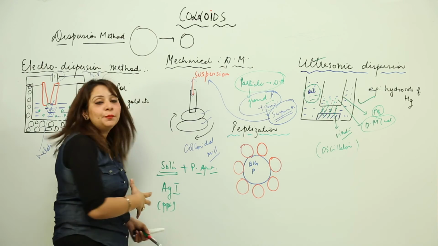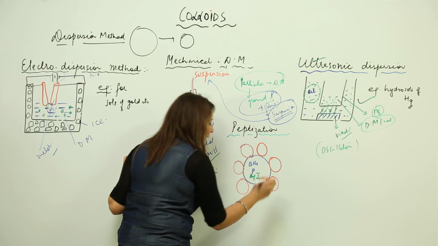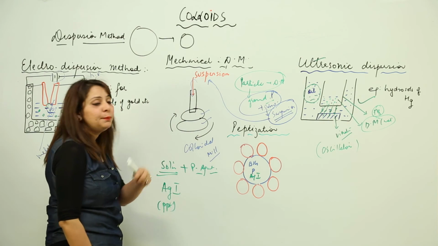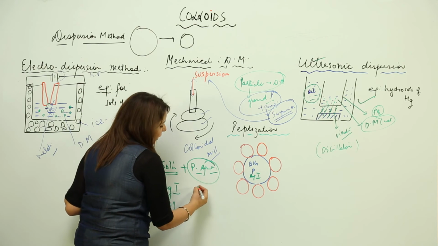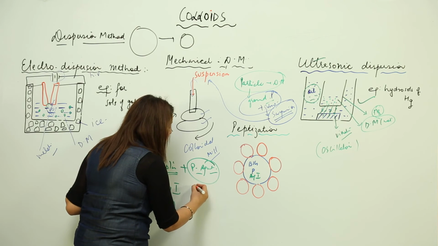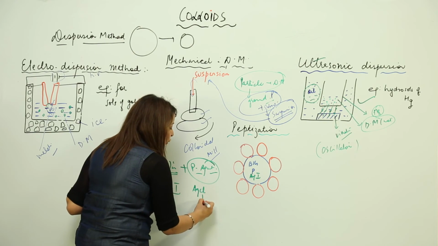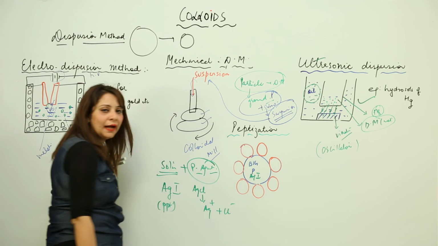So suppose I have the precipitate of silver iodide. Let us say this is my silver iodide. Now I add a peptizing agent. Let us say that my peptizing agent can be any electrolyte, say AgCl, right? As it is an electrolyte, it has a tendency to break up into ions.